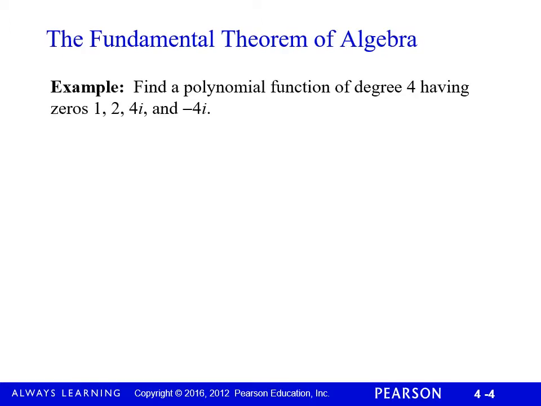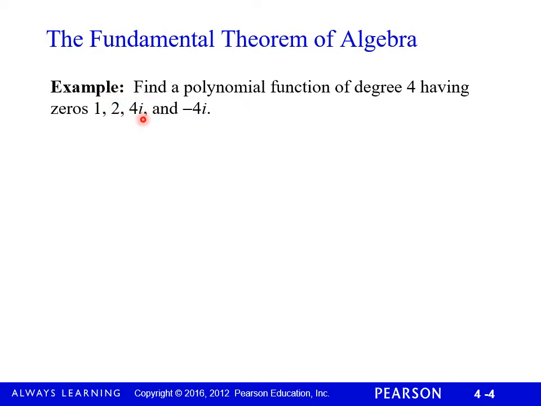Find a polynomial function of degree 4 having zeros 1, 2, 4i, and negative 4i. Now remember, when we know where the zeros are, for example, if the zero is at 1, then this factor is x minus 1. The factor for when there's a zero at 2 is x minus 2.